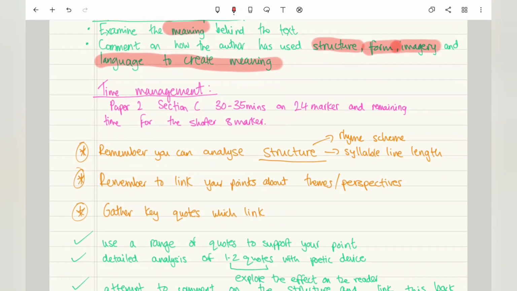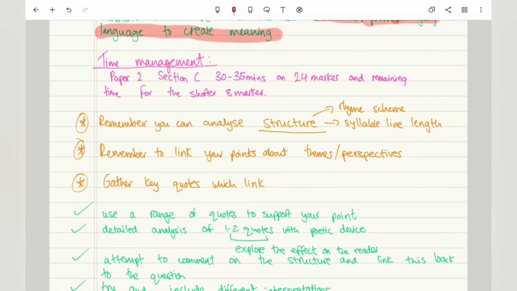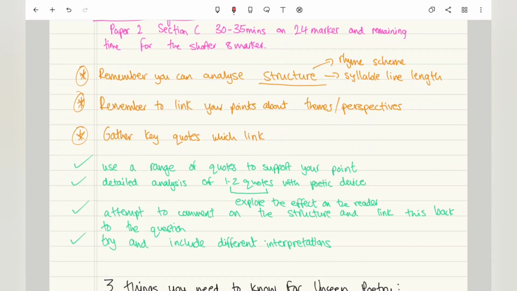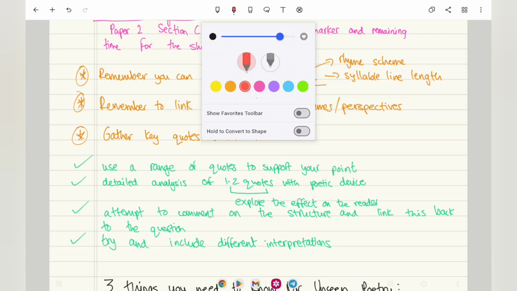Now, in terms of time management, for Paper 2, Section C, I'd recommend 30 to 35 minutes on the 24 marker and the remaining time for the shorter 8 marker. Now, just some top tips for you to remember and some important factors here as well. So remember, you can analyze structure. A lot of students forget this.